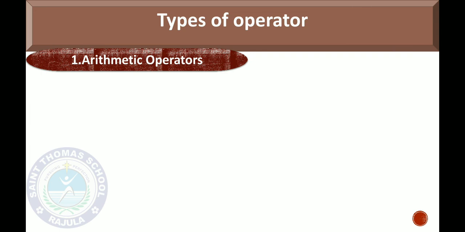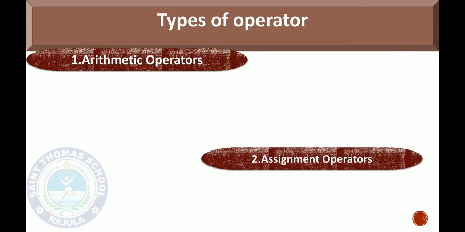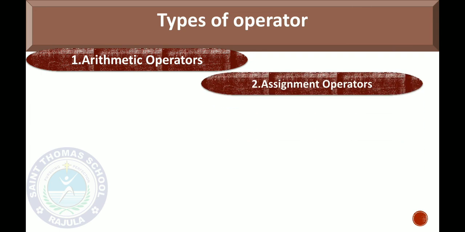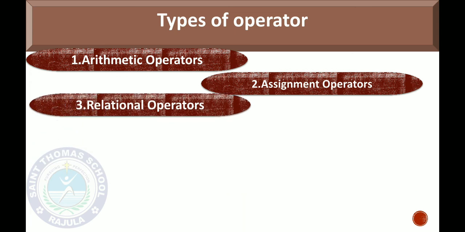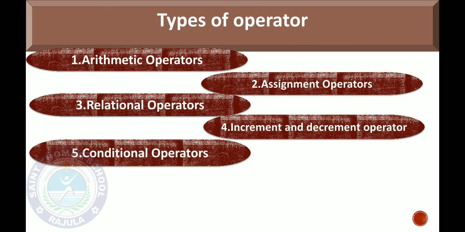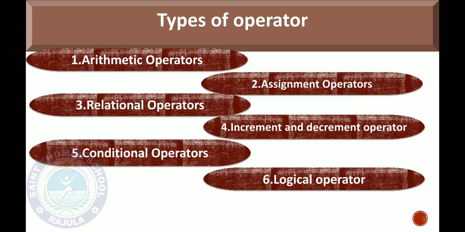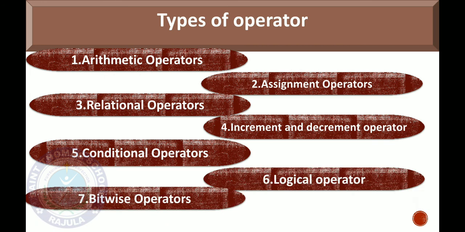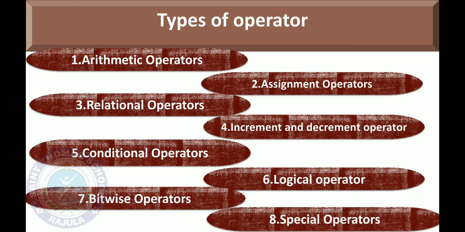The first one is the arithmetic operator, then the assignment operator, then the relational operator. Fourth is the increment and decrement operator, fifth the conditional operator, sixth the logical operator, seventh the bitwise operator, and eighth the special operator.